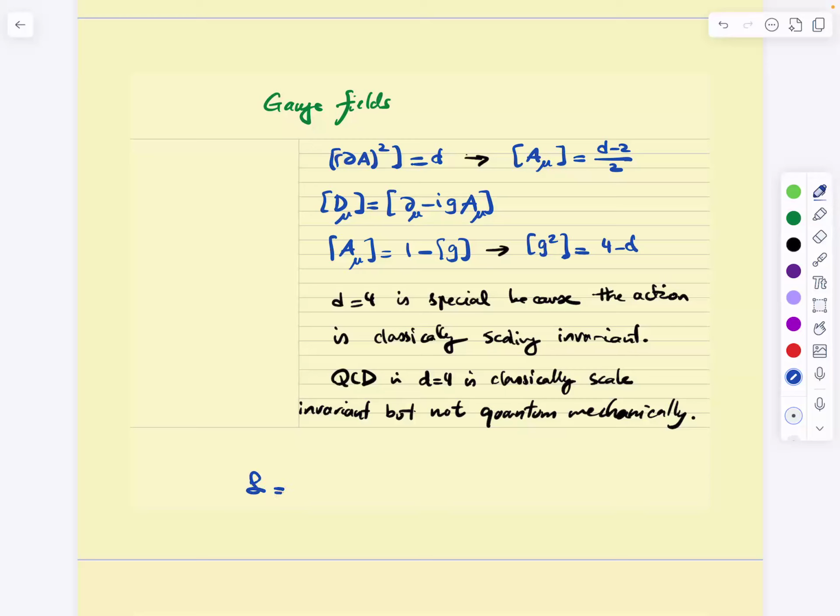So here the Lagrangian density, if you recall, this is QED, and F mu nu is del mu A nu minus del nu A mu. From the point of view of dimension counting, the Lagrangian density is del A squared. That should have dimension equal to the space-time dimension D, which means that A mu has dimension (D minus 2) over 2.